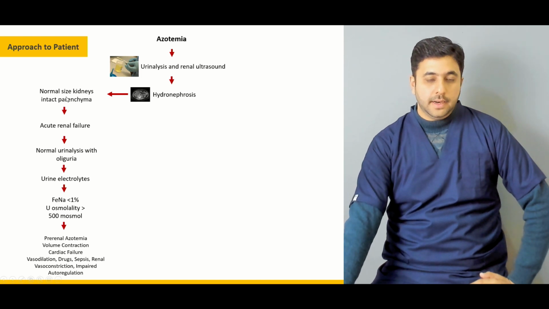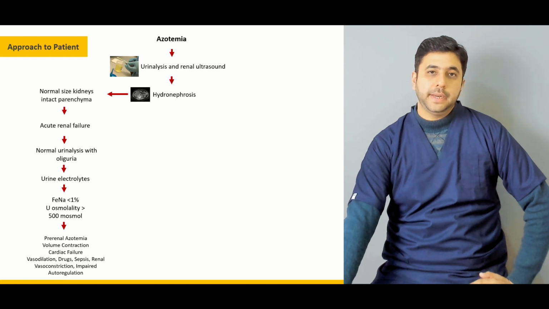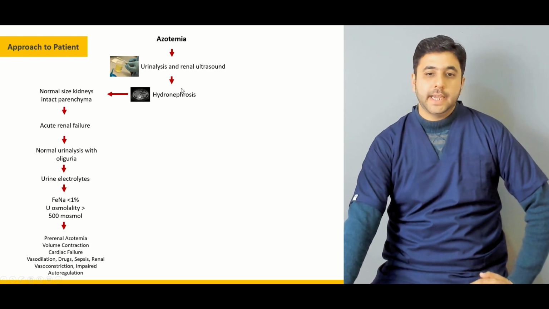Let's revise it once again for the matter of understanding. You have a patient with azotemia. What you have to do is rule out or classify that patient as either prerenal, renal, or post-renal. You do a renal ultrasound or, if needed, a CT scan, and along with that you need to do a urine analysis.